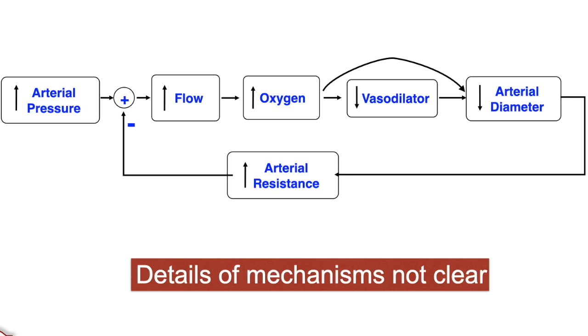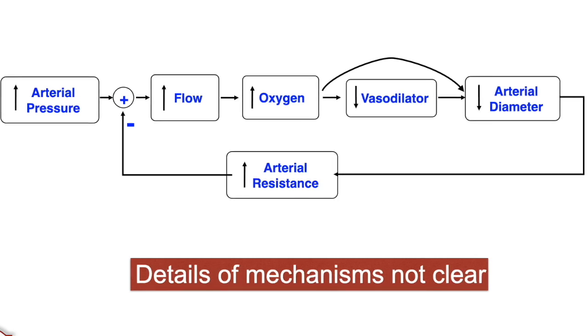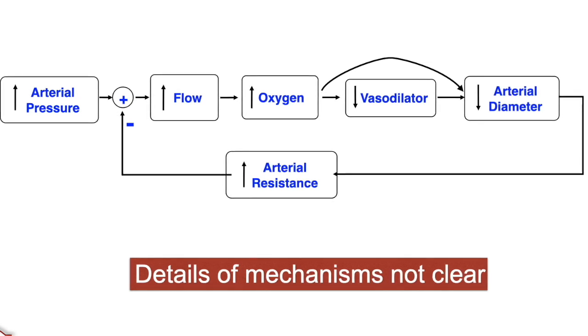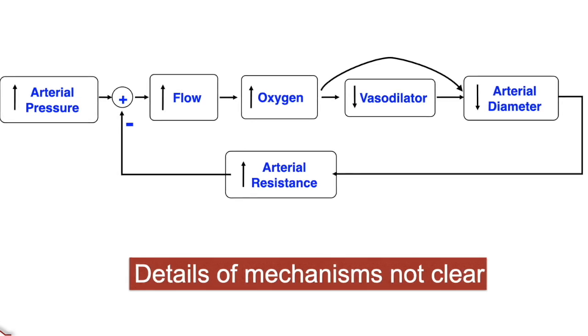And if this increase in oxygen could reduce the vasodilator substance, then that could reduce the arterial diameter. When dilation goes down, then constriction can take over, and we can change that tone to reduce the artery diameter. It can also be that the oxygen even acts directly. So oxygen will also act on smooth muscle. And so an increase in oxygen will also tend to cause it to constrict.